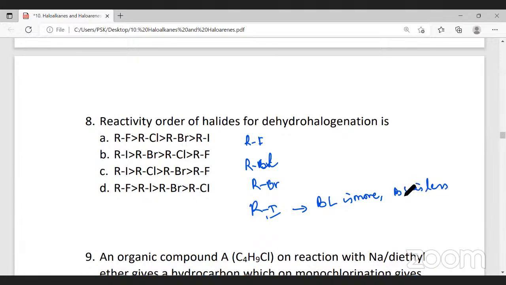What do you mean the bond strength is less? RI, this molecule can be easily broken compared to all the others. So as you go down the halogen family, the bond strength decreases because the size increases.